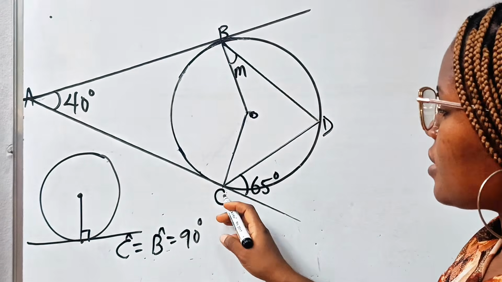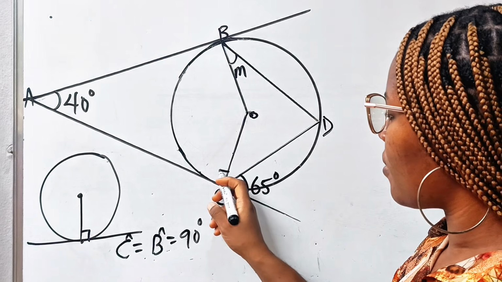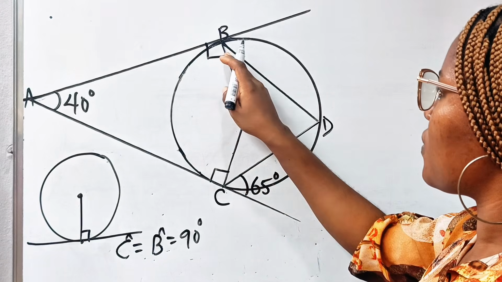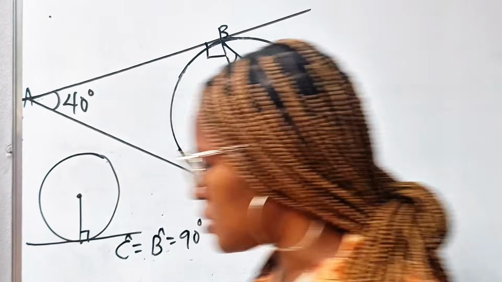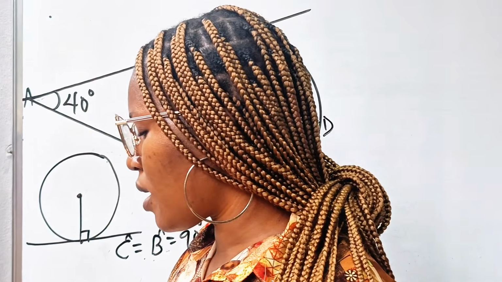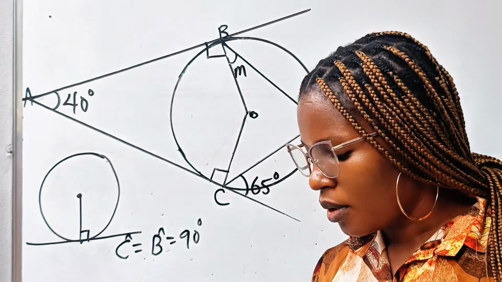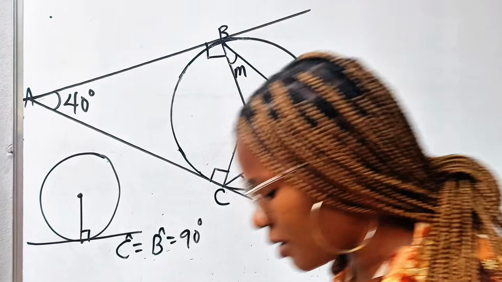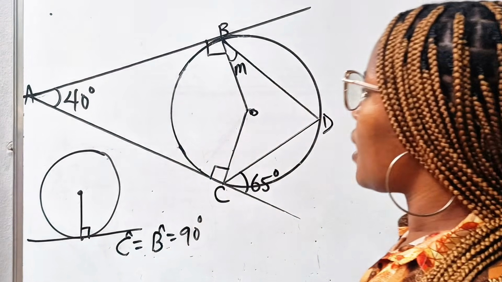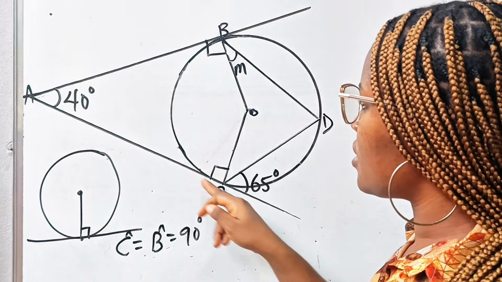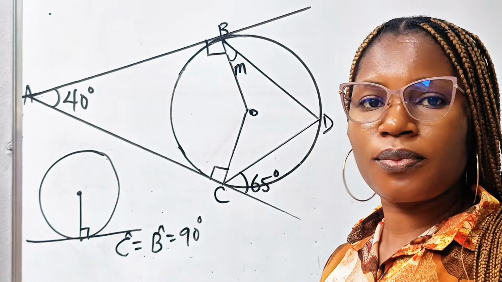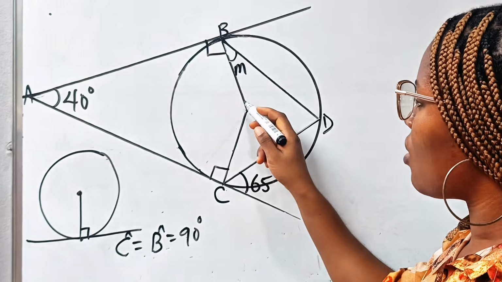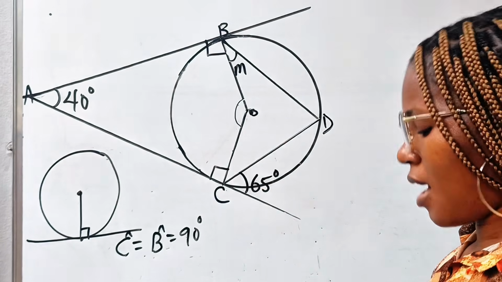That is, angle C here will be equal to angle B here. Both of them will be 90 degrees. Now, if we look at this, you now see that we have 90 degrees, 90 degrees, and 40 degrees. So we can easily find the angle at the center, right?